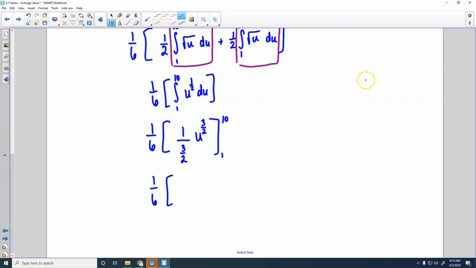And so 1 divided by 3/2 is dividing fractions, easy as pie. Flip the second and multiply. So I've got 2/3 u to the 1/2. It might be helpful on this to make that the square root of u cubed.